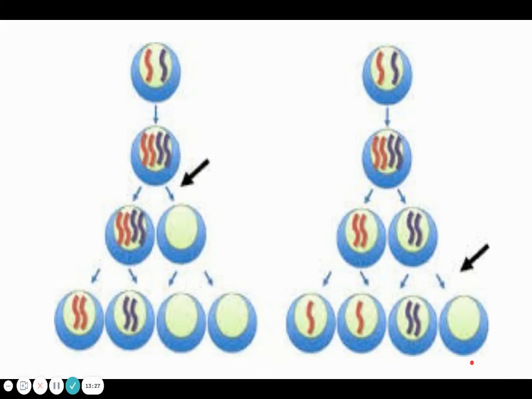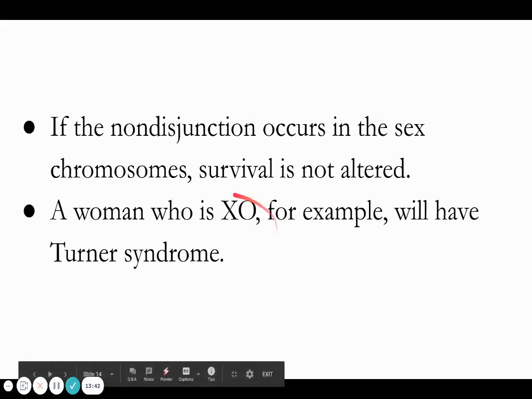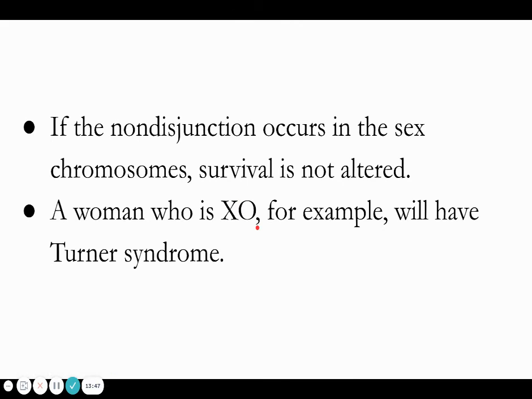So it's missing the X chromosome from either the female or the male. Let's say the female's missing the X chromosome, but the male has the X chromosome. So technically speaking, that female is XO. So they are female because of the X, but they don't have both X's. And that's Turner syndrome.